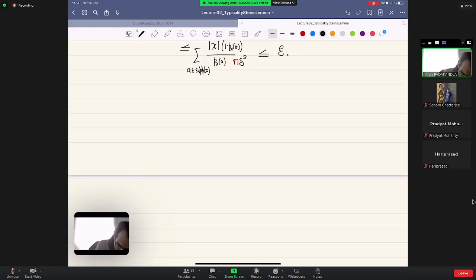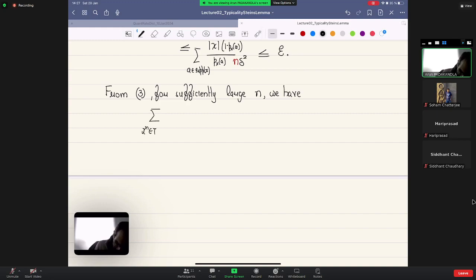So from 3, for sufficiently large n, we have that the probability that x^n belongs to T_delta^n(p_X) is at least 1 minus epsilon, right?